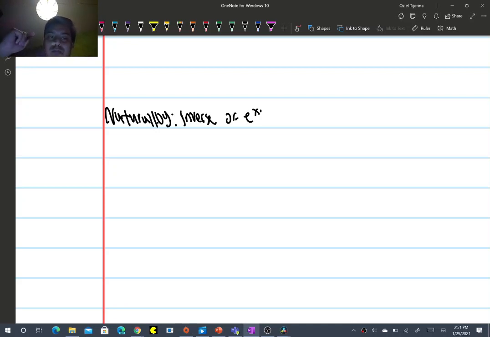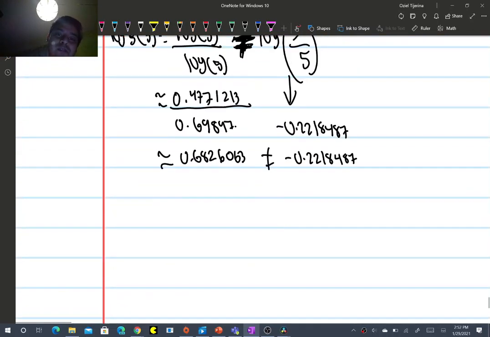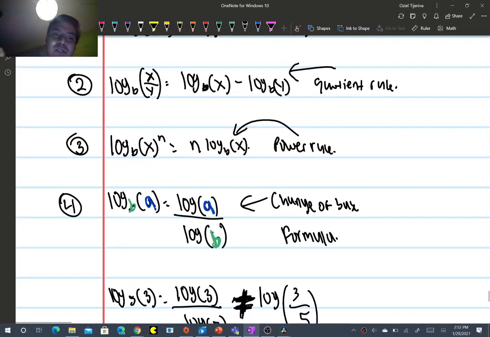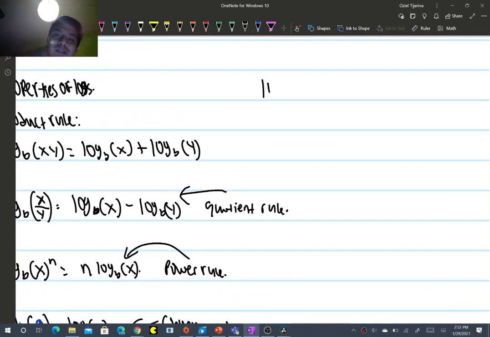Now, there are some things that you have to know. And also, there's one more rule that I forgot to go over, which is the constant rule. Log base b of b is just 1. These two cancel out. So if I say log base 3 of 3, this is just 1.